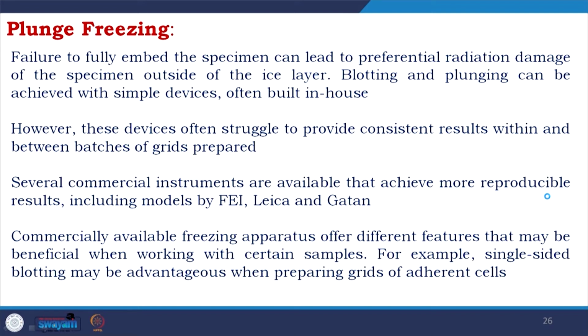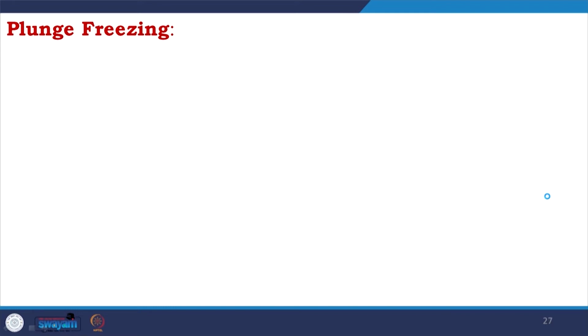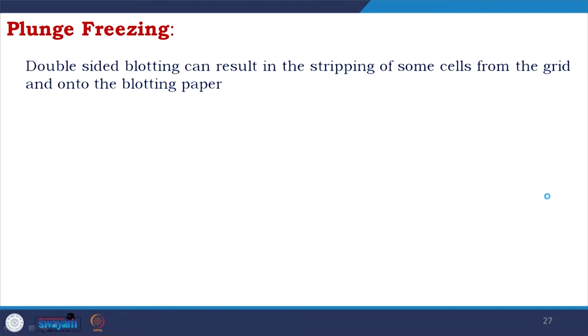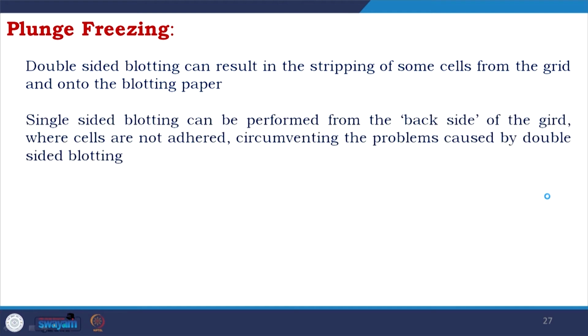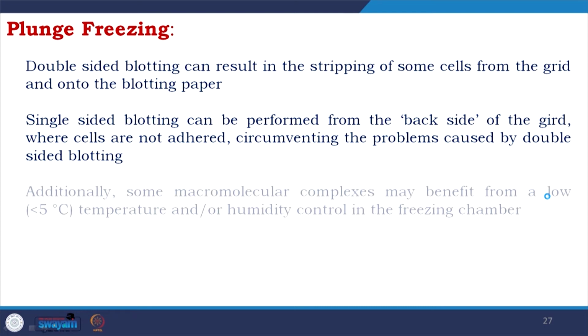For example, single sided blotting may be advantageous when preparing grids of adherent cells, because otherwise adhesion property would be a problem. Double sided blotting can result in the stripping of some cells from the grid and onto the blotting paper. Single sided blotting can be performed from the back side of the grid where cells are not adhered, circumventing the problem caused by double sided blotting.